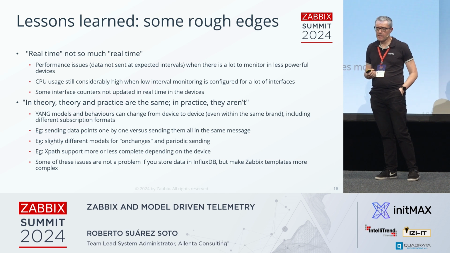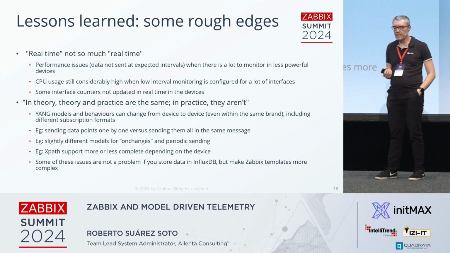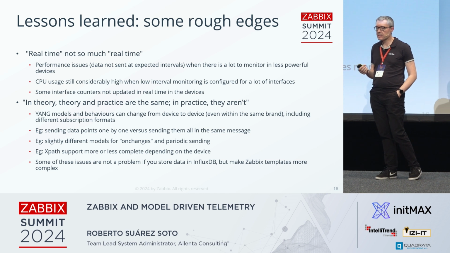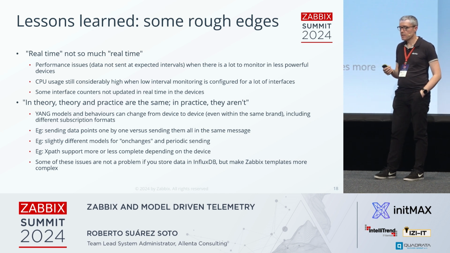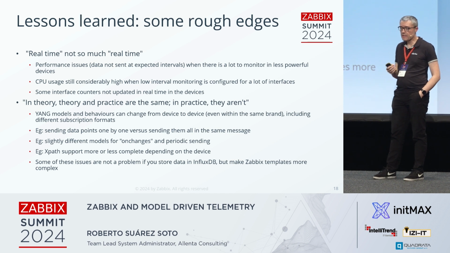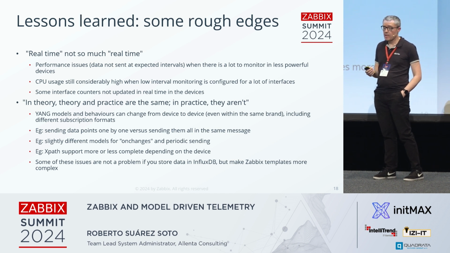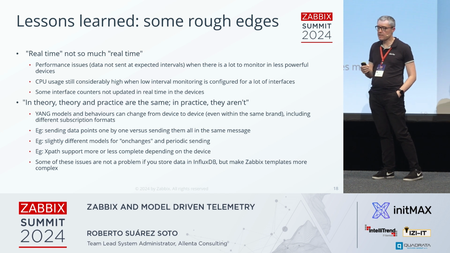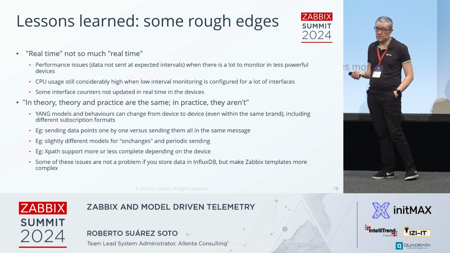So CPU usage was quite high anyway, not really what we expected. And also we found that some network interface counters weren't updated in real time. So you could ask for them every 2 seconds, every 3 seconds, every 5 seconds, but if they were generated every 10 seconds, it wasn't really useful.